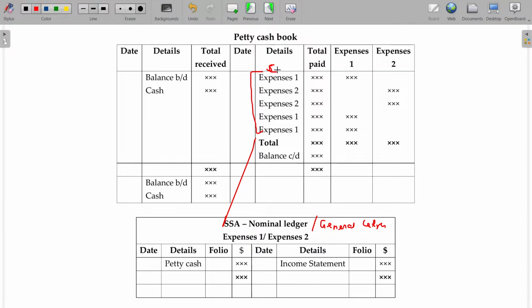Supplier is named as creditors. If the payment is made to the creditors, this will be named as ledger account. You need to include any payment to your creditor there. If you are receiving any amount from the debtors, it will be posted here in the receipt side. That will also be transferable to the ledger account.